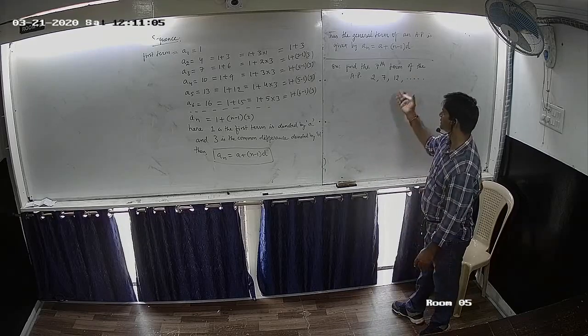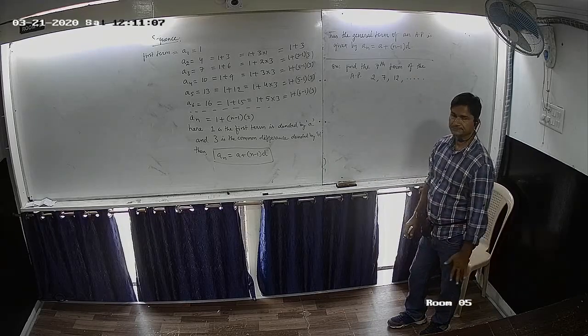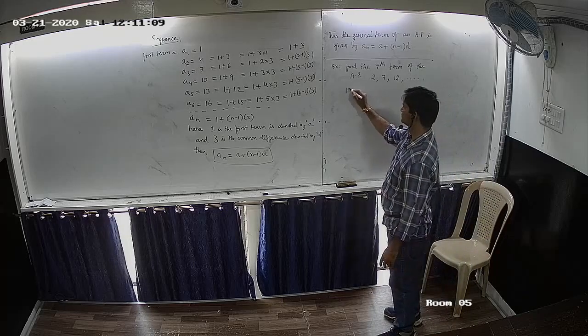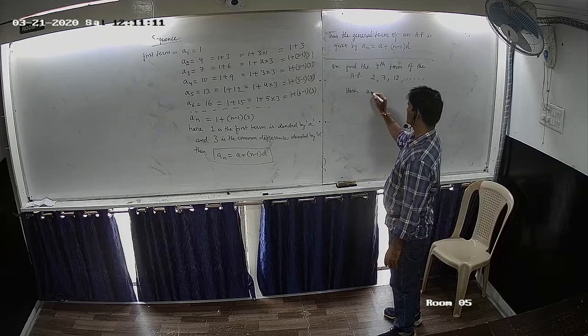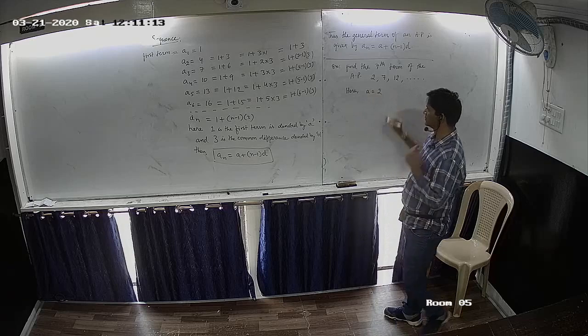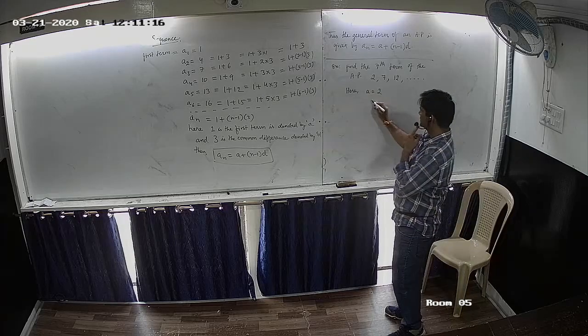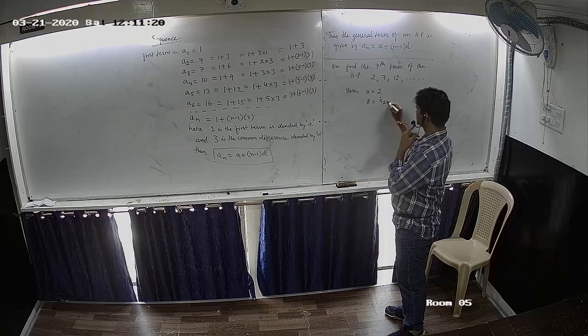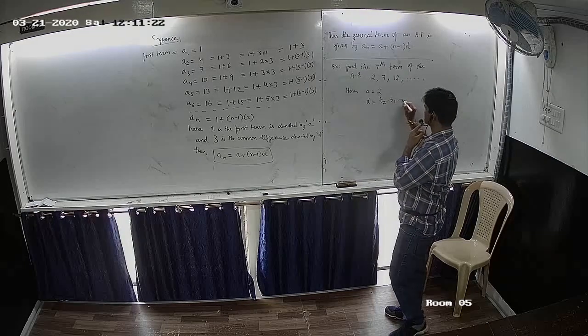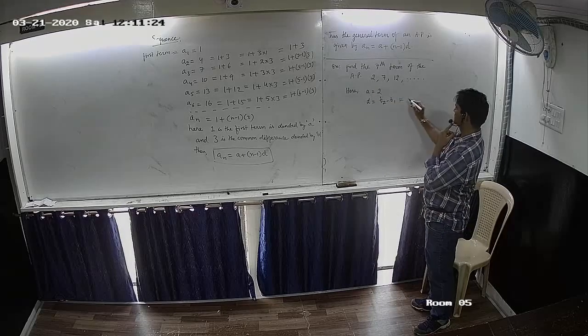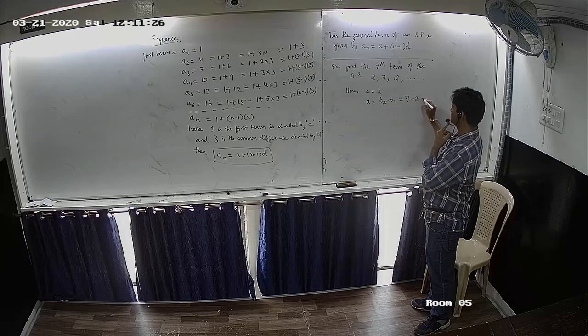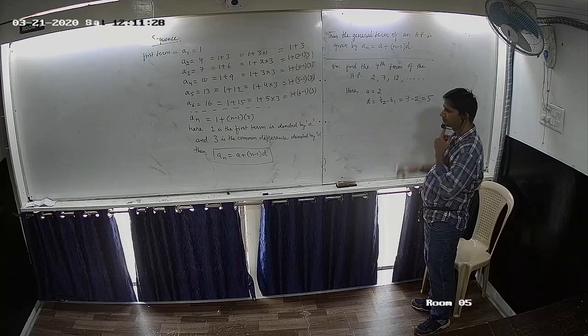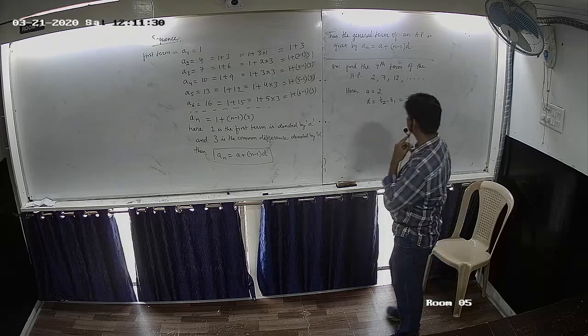Now we need to find out its seventh term. Here a, the first term, is equal to 2 and d is equal to t2 minus t1, second term minus the first term, 7 minus 2 is equal to 5. We get d, the common difference.